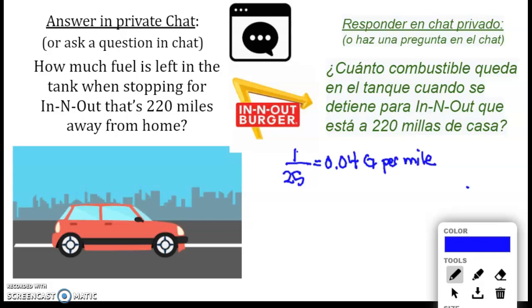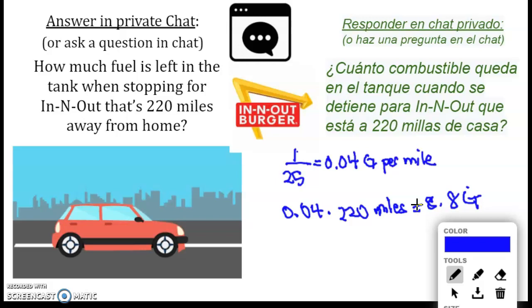So that means we are traveling 220 miles. So how much do we need for 220 miles? You're going to need 0.04 multiplied by 220 miles. And when I use the calculator, I get 8.8 gallons. Okay, so I've used up 8.8 gallons.